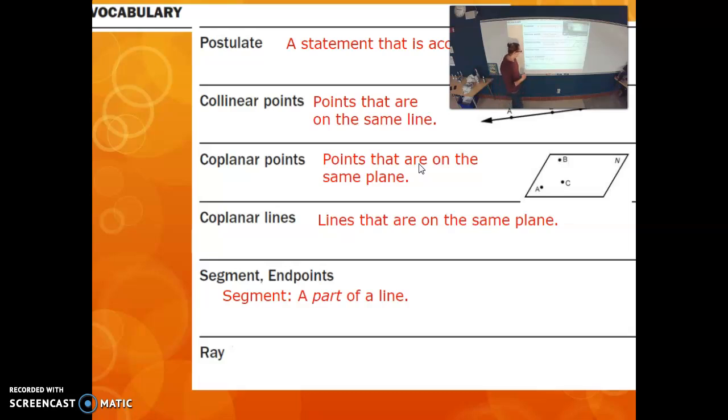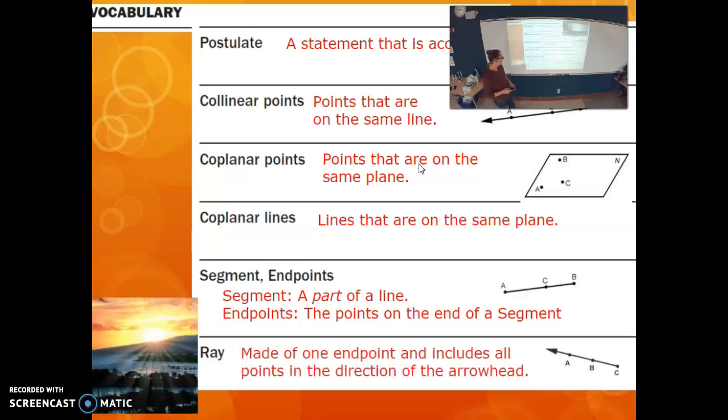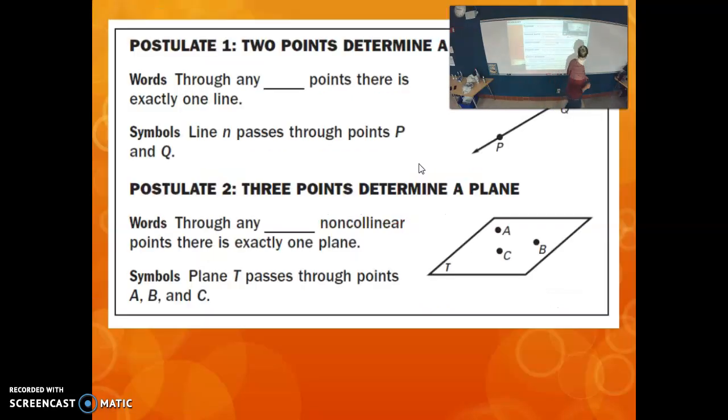But they end on both ends, as opposed to a ray, which does not. It has a beginning point, and then it shoots off in one direction. So lines shoot off in both directions forever. Segments have endpoints on both sides, and rays shoot off in one direction forever.